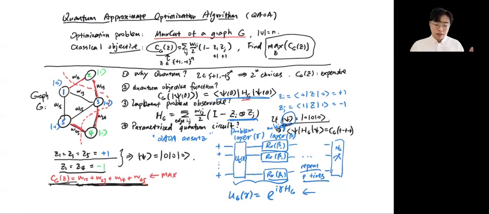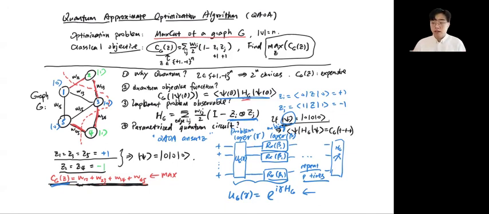The nice thing about this quantum circuit is that even for p equals 1, so just no repetition, one can prove a guaranteed minimum approximation ratio. In other words, you can get at least some factor of the true maximum value of the cost function using this algorithm. And furthermore, this approximation ratio can only improve with increasing p.